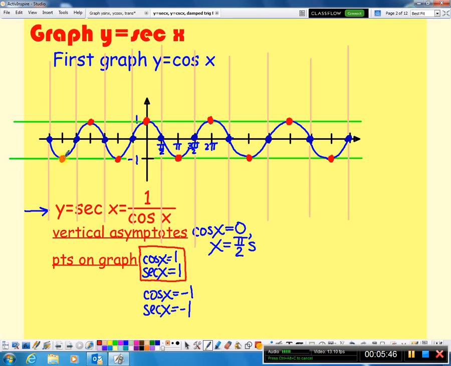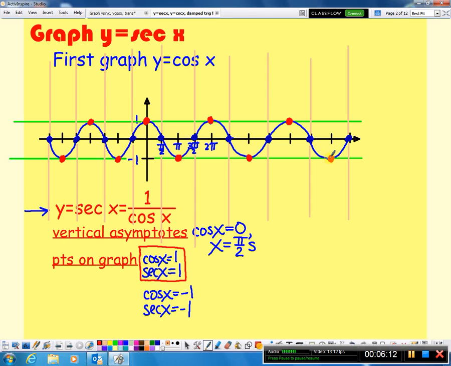Now, what do I mean by attach my secant graph? I'm going to work from right to left. Look here at this point. I was actually counting, sorry about that for a minute.